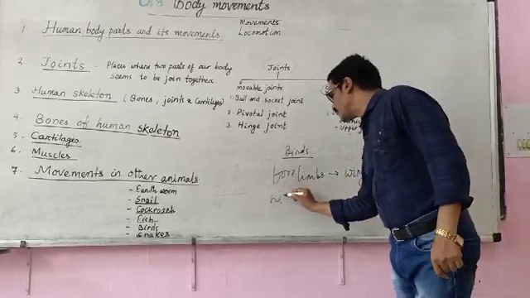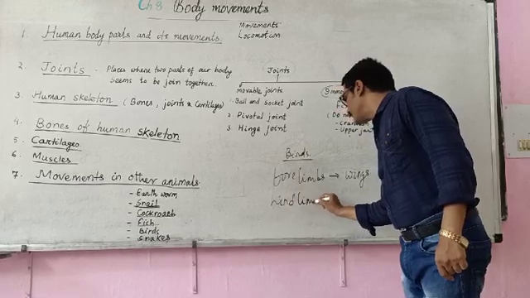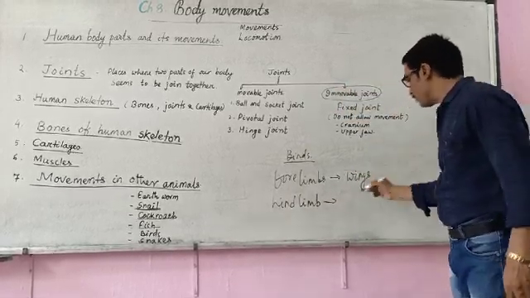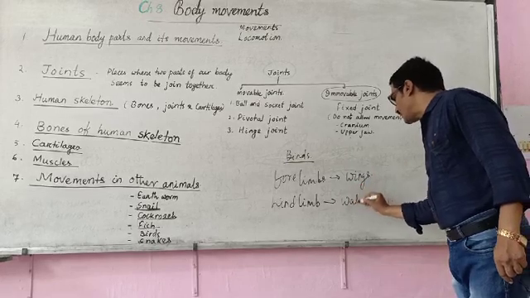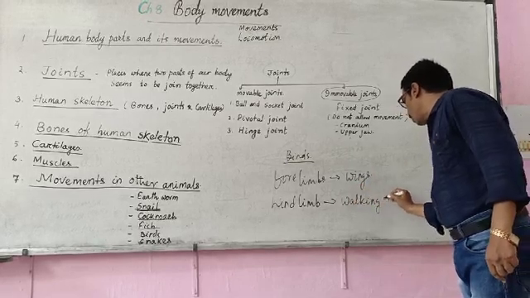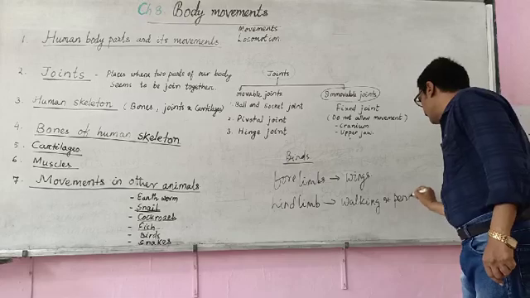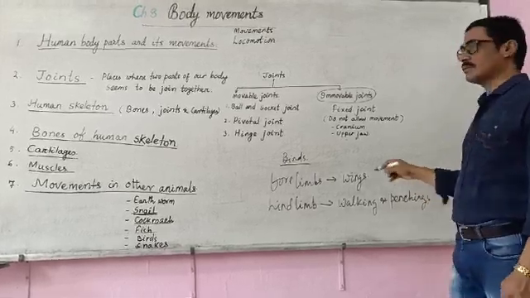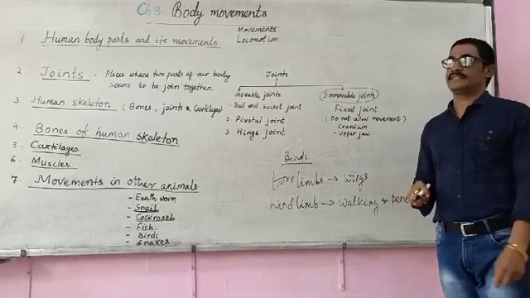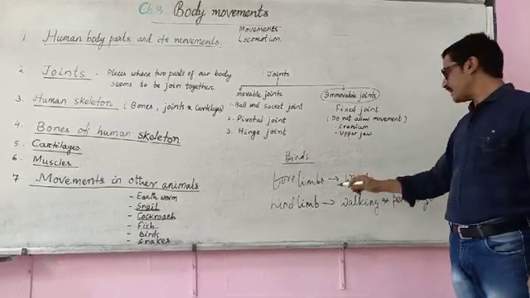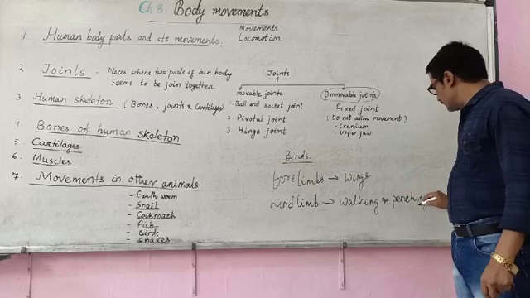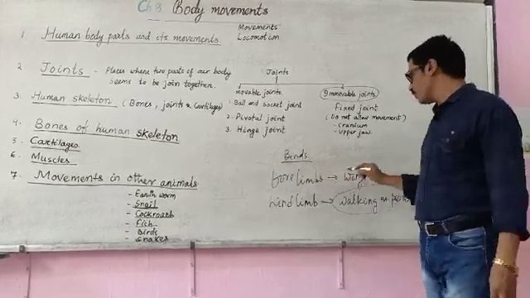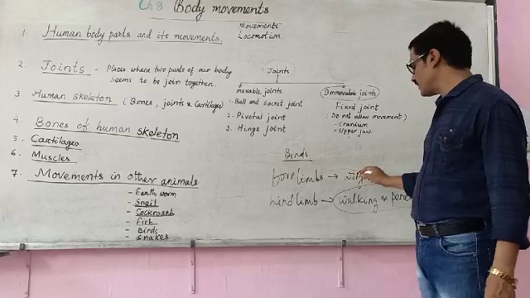The hind limbs are modified for walking and perching. Perching means sitting comfortably on the branches. So the hind limbs are meant for walking and perching, and the forelimbs are modified as wings for flying.